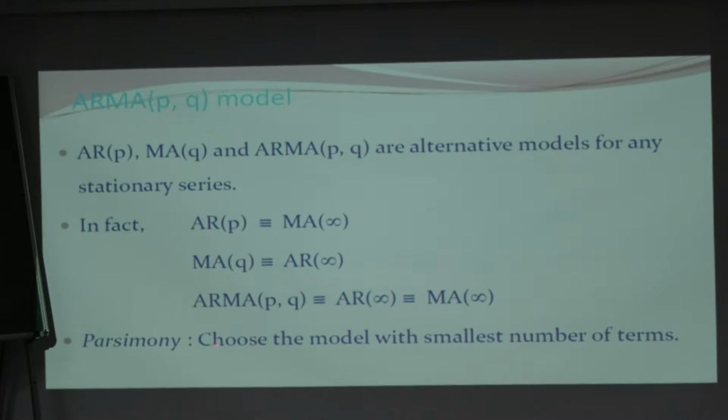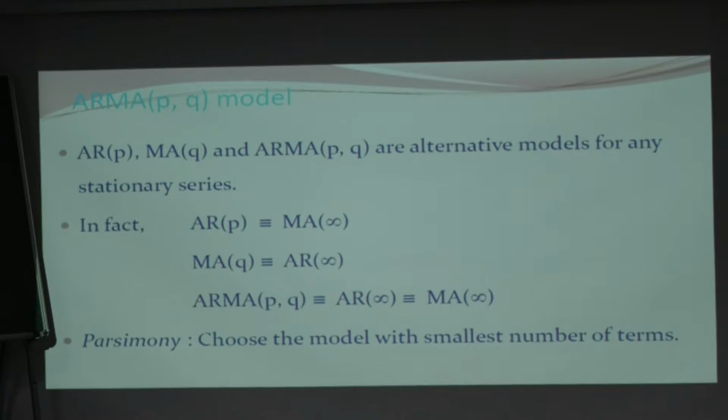So the important thing is to choose a model with the smallest number of terms. There would be alternative models. Remember I said identification is not always easy. An ARMA 1,1, you may observe that if you take an AR 14, then it gives you the same result.